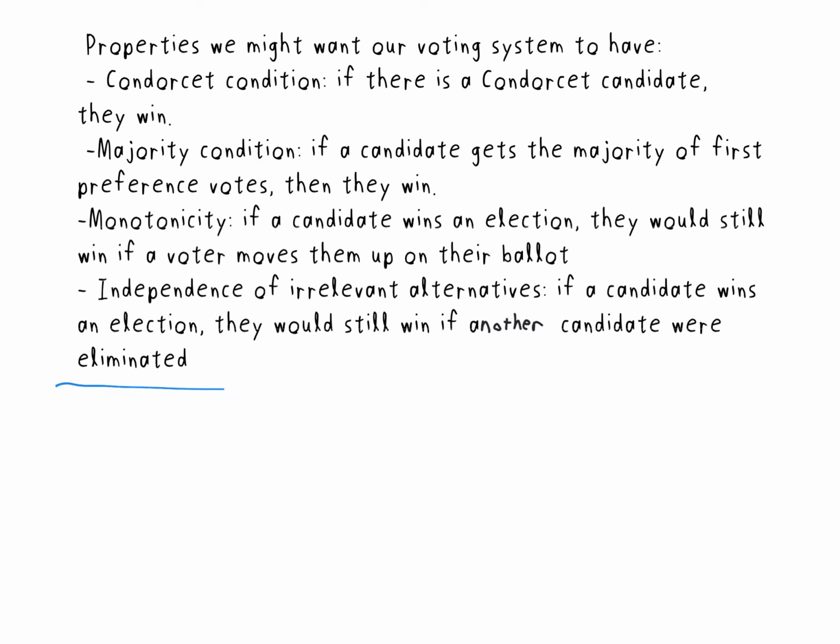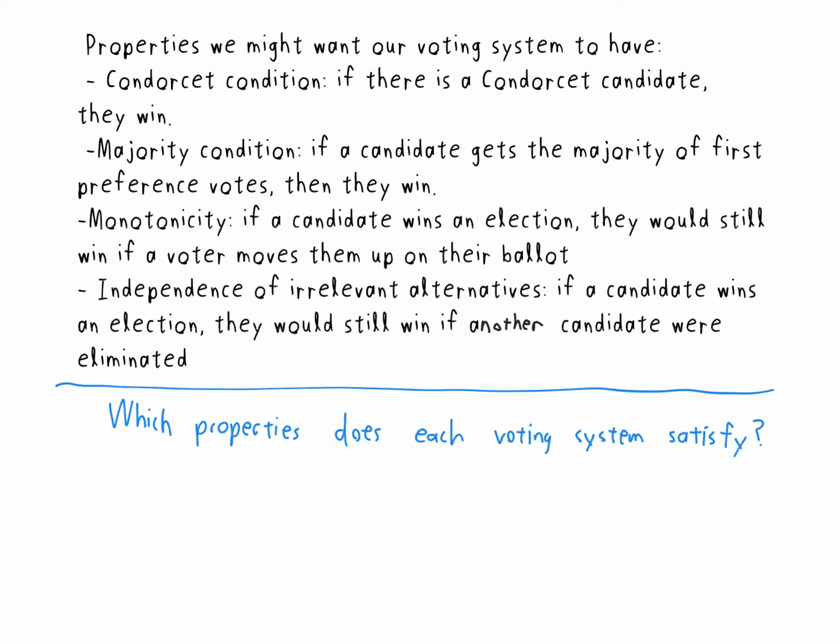So a good question to ask now is, which properties do each of the voting systems that we've studied satisfy? We've already started to answer this question, and we've seen that some of these properties are satisfied by some voting systems, but not by others. And in fact, none of the voting systems that we've seen so far satisfy all four of the conditions.